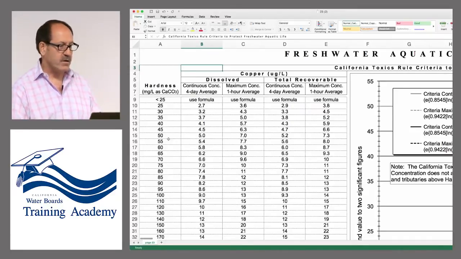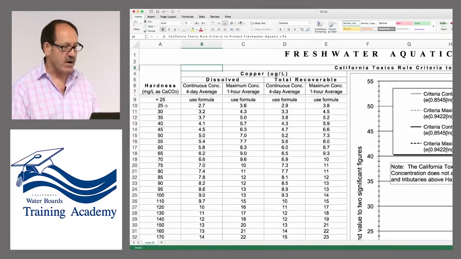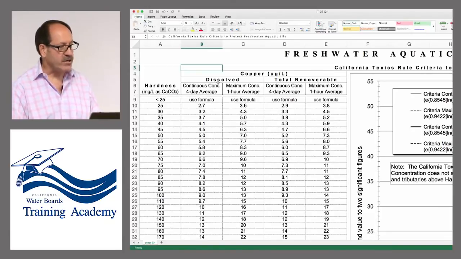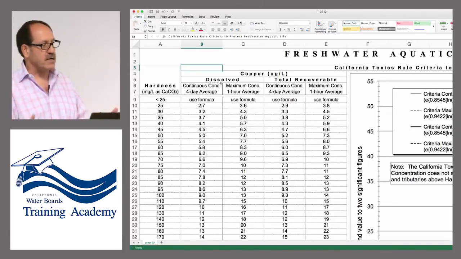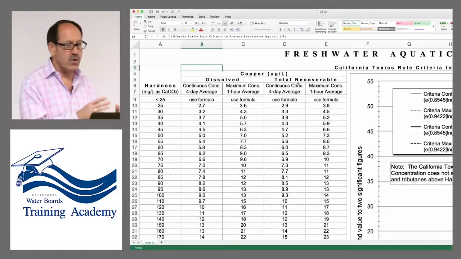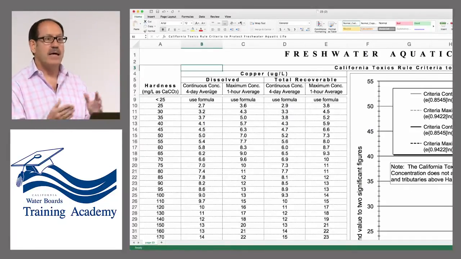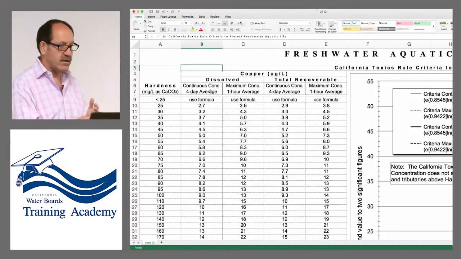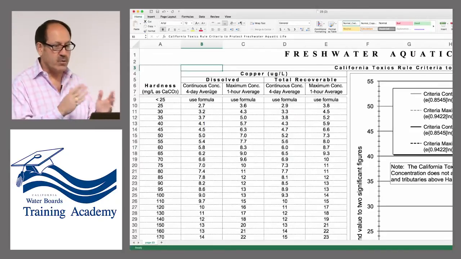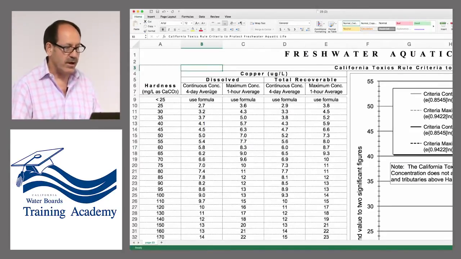Okay, so we have various hardness values. Milligrams per liter as calcium carbonate is how the hardness is expressed. And the criteria are expressed two different ways, either as dissolved copper or total recoverable copper. And there are standard factors that are used to calculate between those two ways of expressing them.